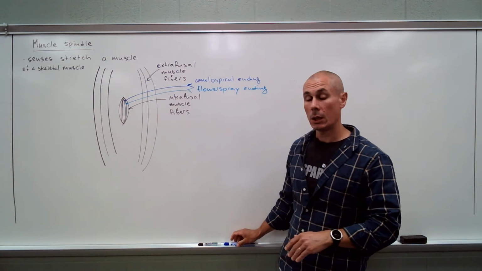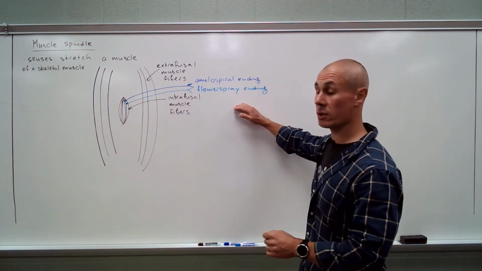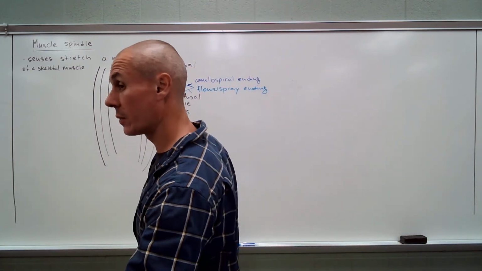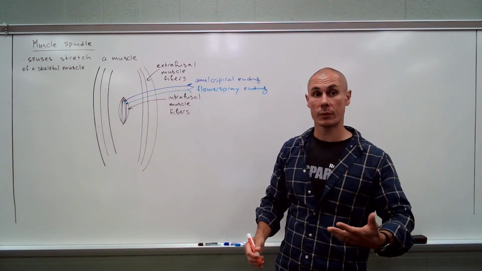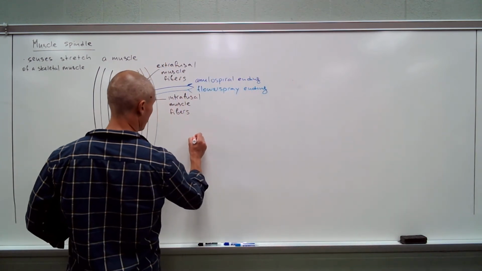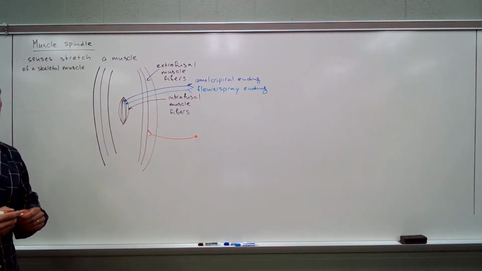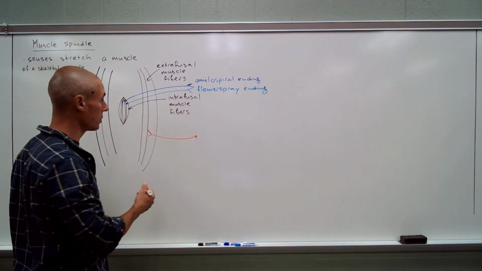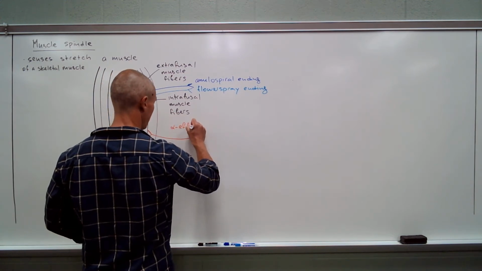So it turns out not only we have sensory endings here, we have a couple of motor neurons. Now, obviously, in order to send the signal to your skeletal muscle for a contraction, you've got to have a kind of a motor neuron that controls your extrafusal fibers. So these motor neurons are called alpha efferent fibers.